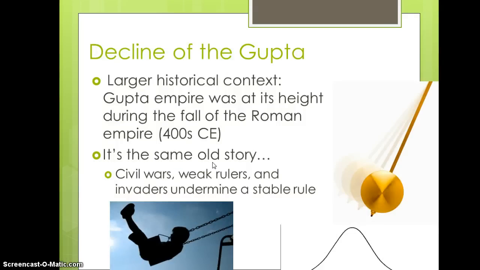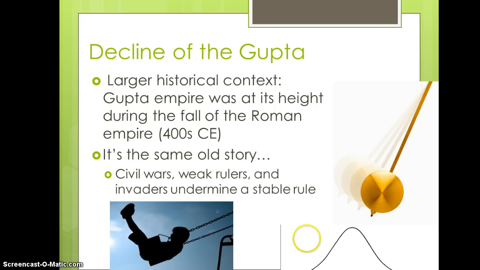Unfortunately, like any great empire we study in history, there is kind of like the swing of a clock, a pendulum swings. You know how a grandfather clock swings back and forth, or you can think of it as a bell curve, or swinging on a swing set when you're 5 years old.